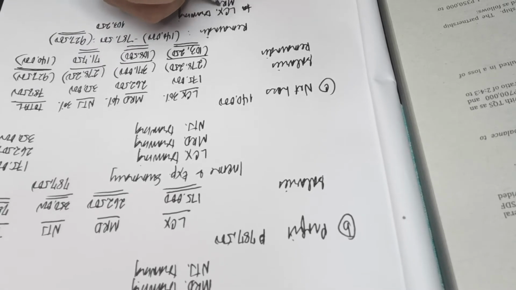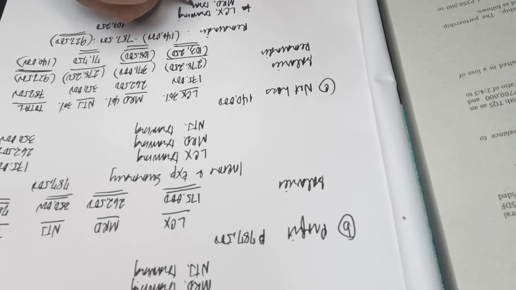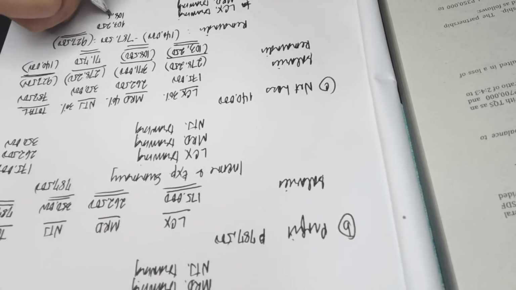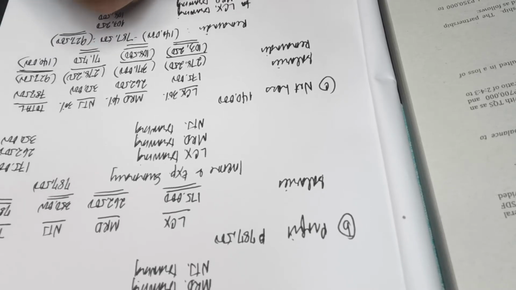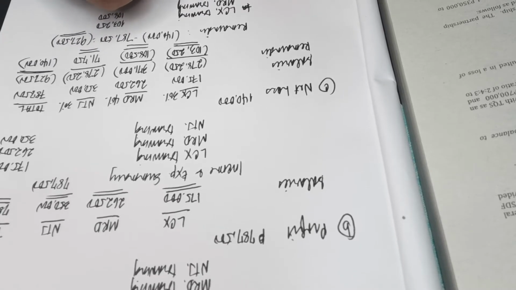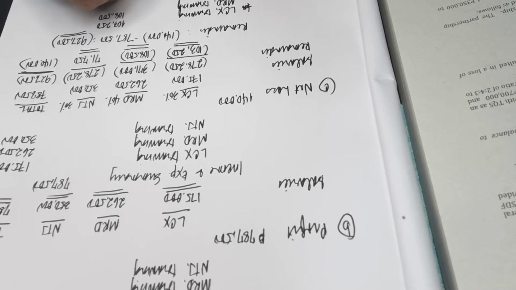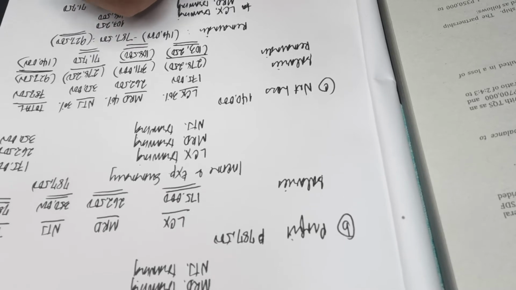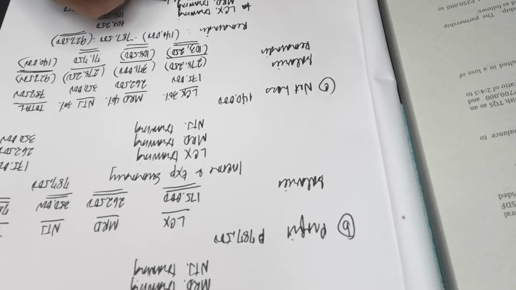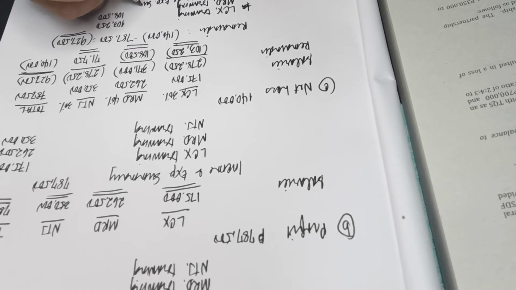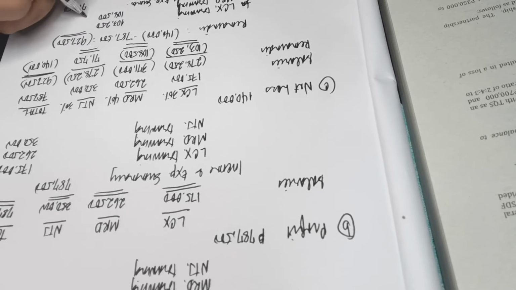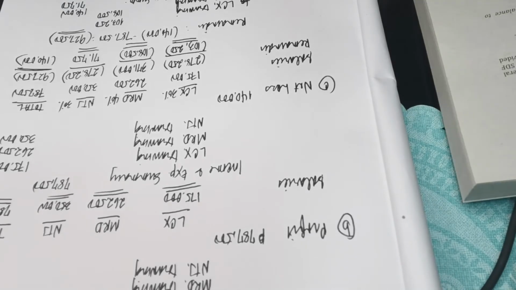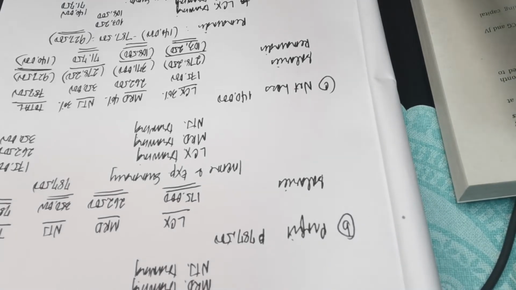Debit MRD drawing for 108,500, and then credit NTJ drawing for 71,750, and credit income and expense summary for 140,000. Okay, so that would be letter C requirement.